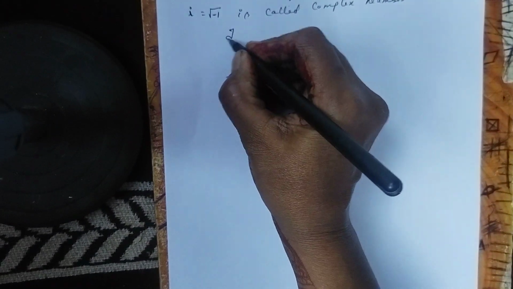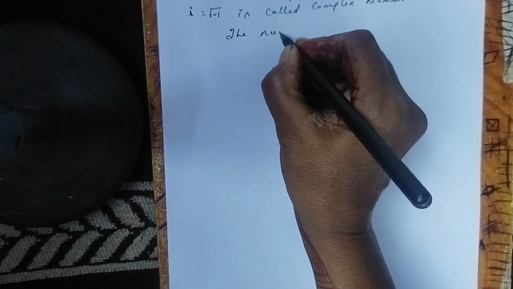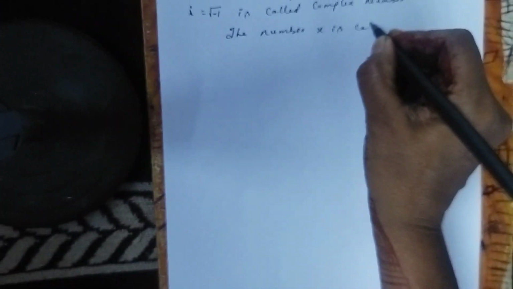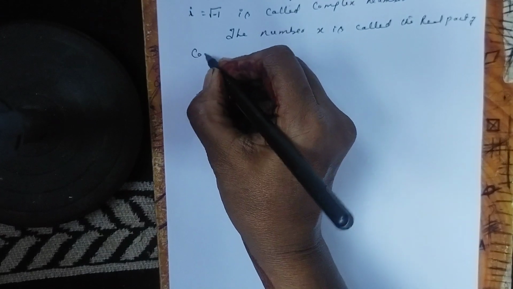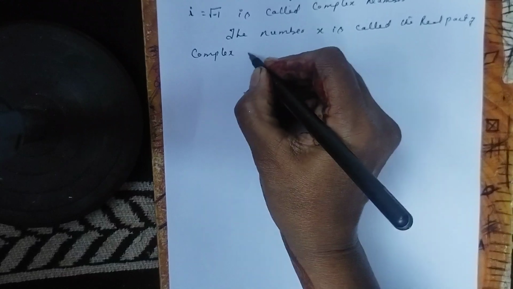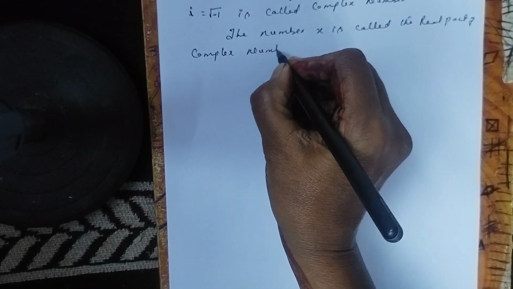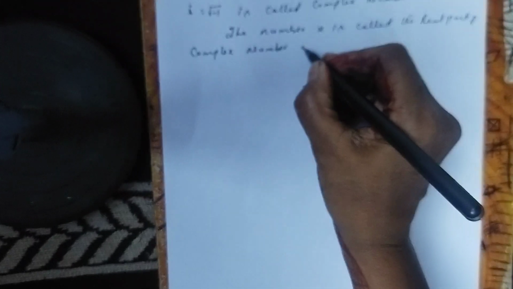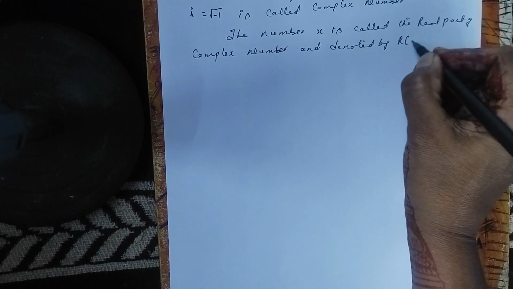Okay, here the number x is called the real part of the complex number, and it is denoted by Re(z).